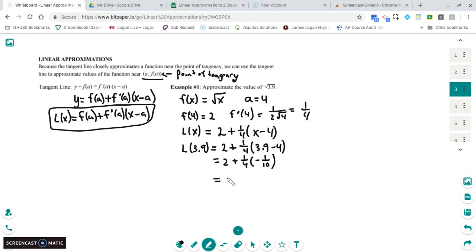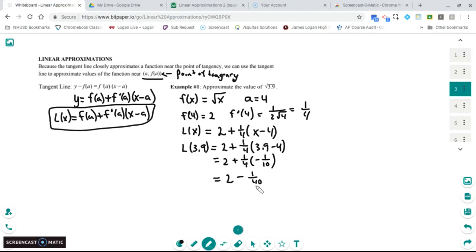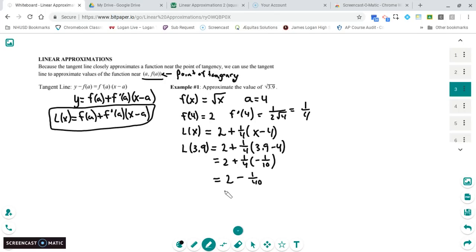And so that would be 2 minus 1/40. And a common denominator would be 40. So 2 would be 80 over 40. 80 over 40 minus 1 over 40. And you can see we're getting 79/40 as our approximation.